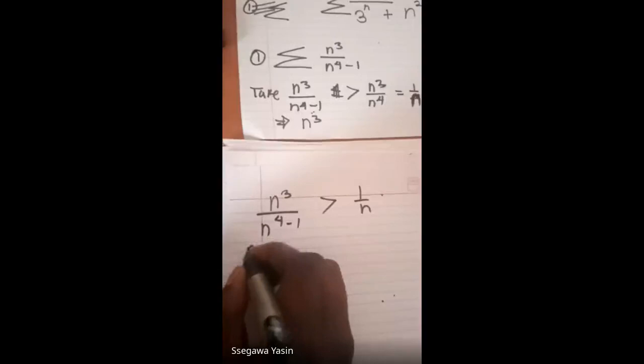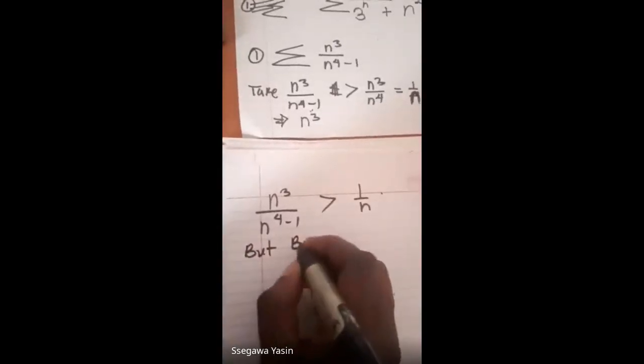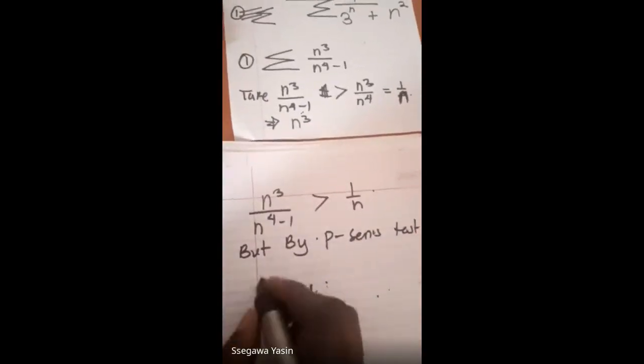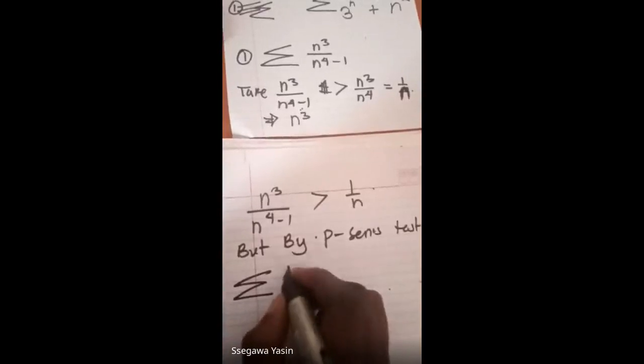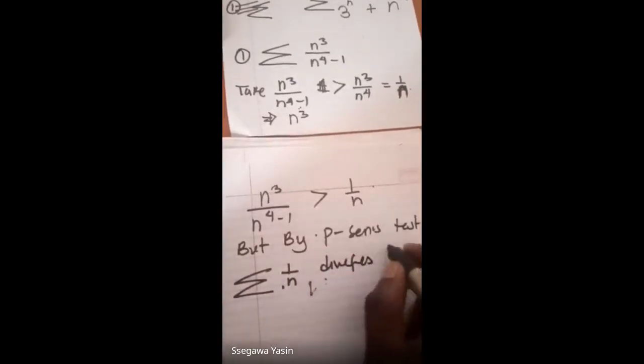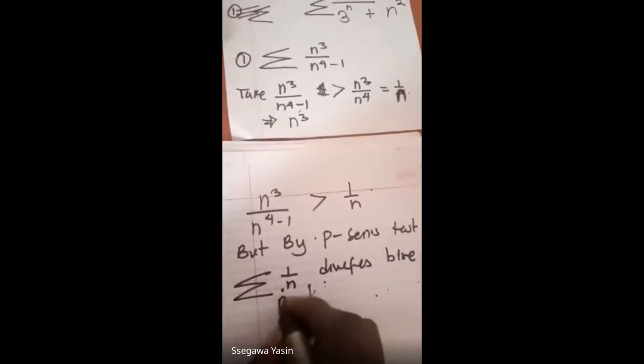But by the P series test, sum 1 over n diverges, because P equals 1.